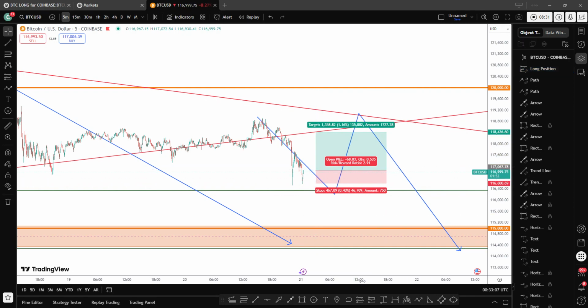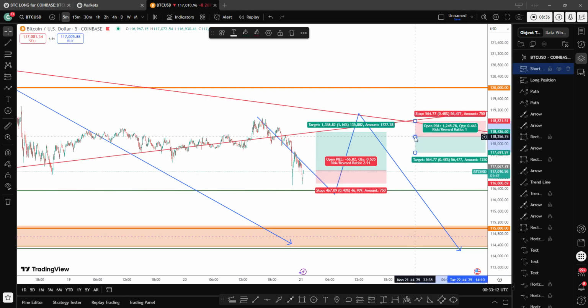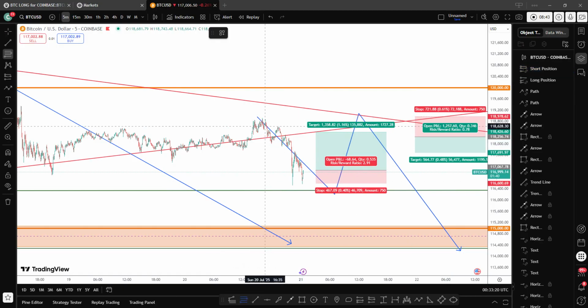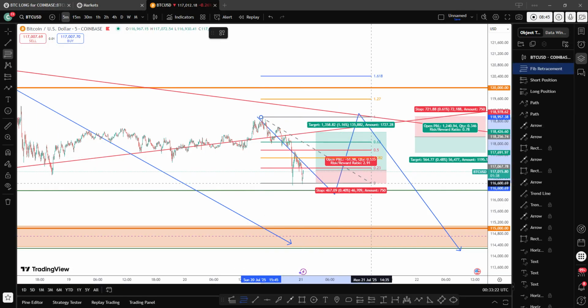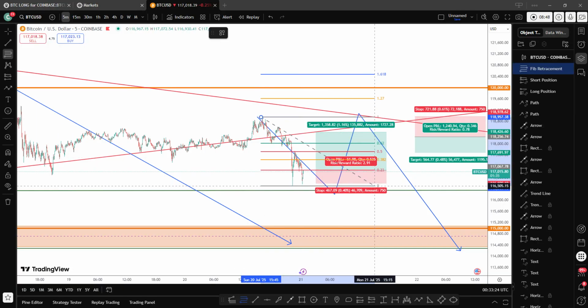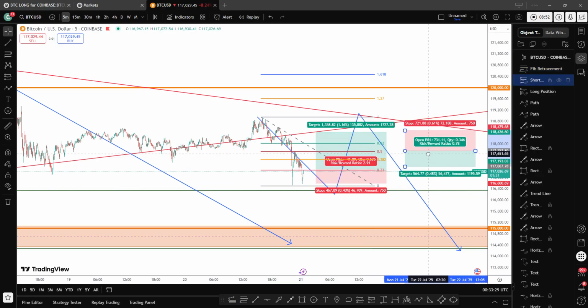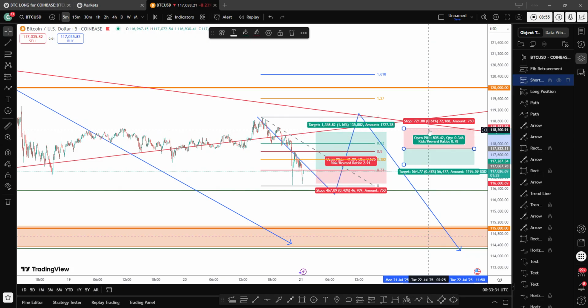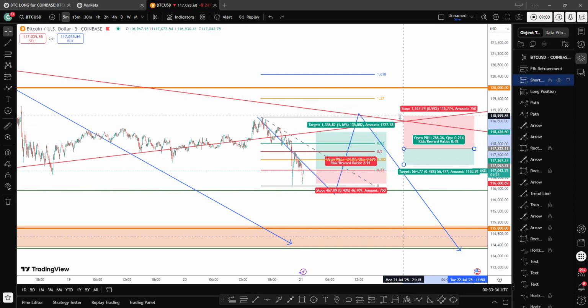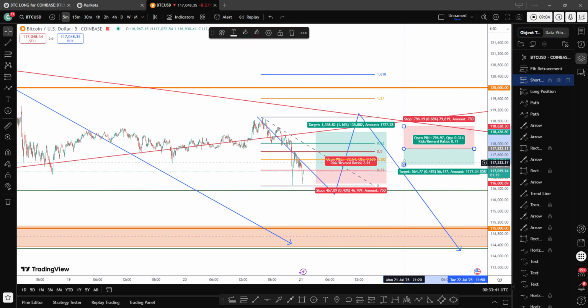Then we have from this area, that will be, we have something like this. We have from this 50% to here, to this area.